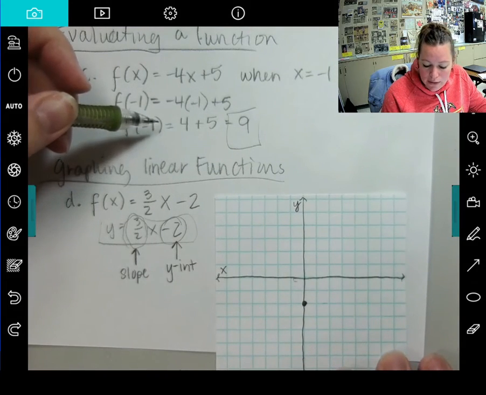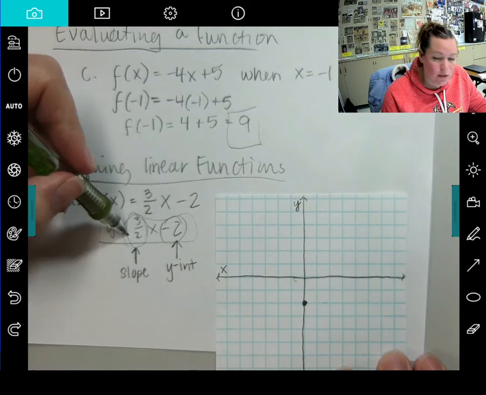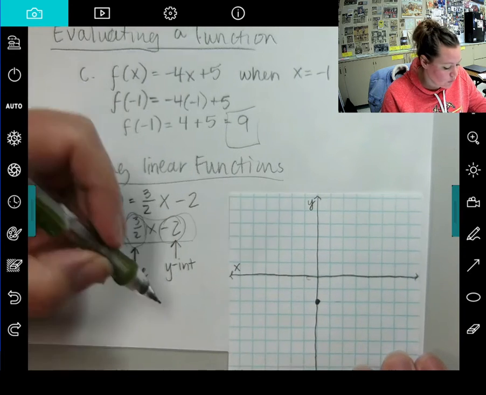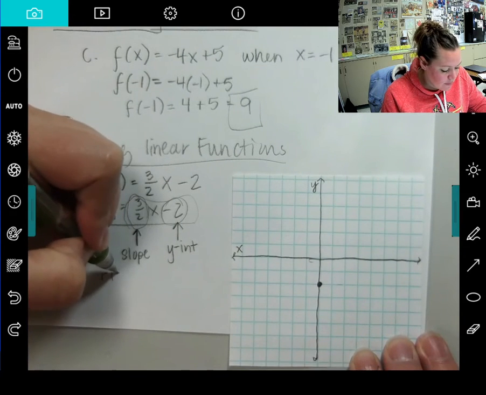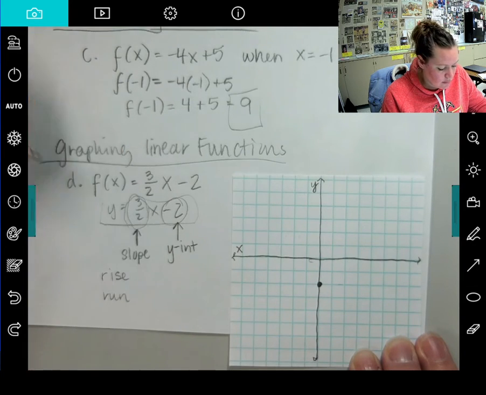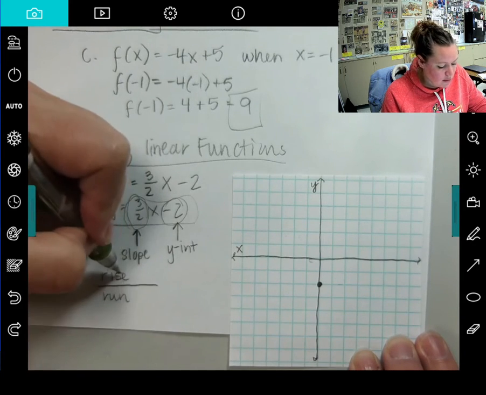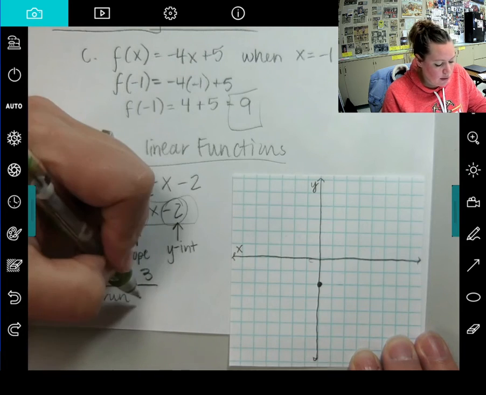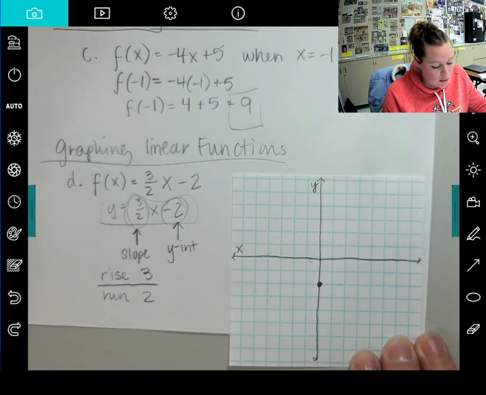Next, we are going to look at the slope. So the slope is 3 over 2. I like to think of slope as rise over run. In this case, our rise would be 3 and our run would be 2. You don't have to try to figure out how to count up 1.5 each time.